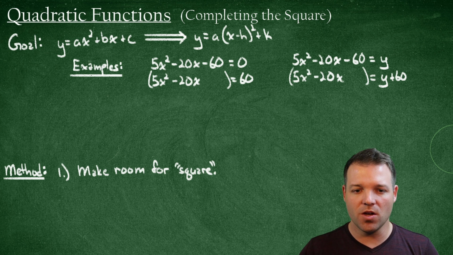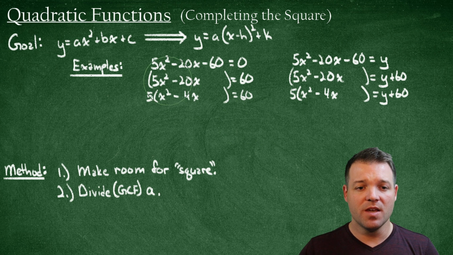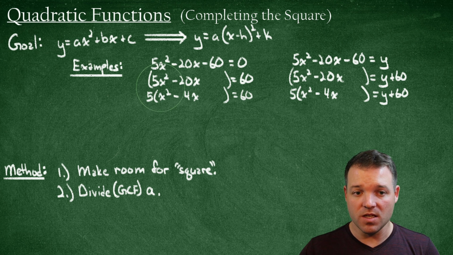Okay? So the next step is, if a is equal to 1, fine. In this case, we have a 5x squared on both sides. If it's anything other than 1, we need to pull that out or divide by a. In this case, I'm pulling it out as a GCF.